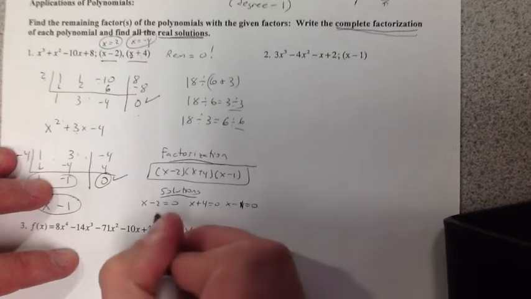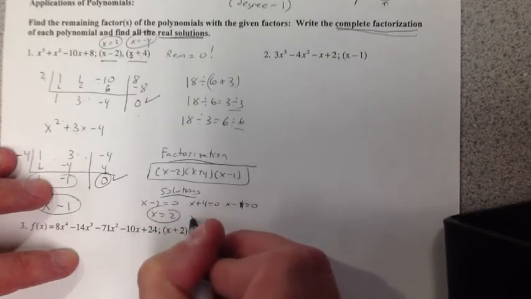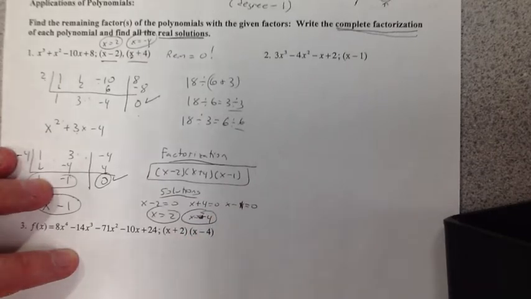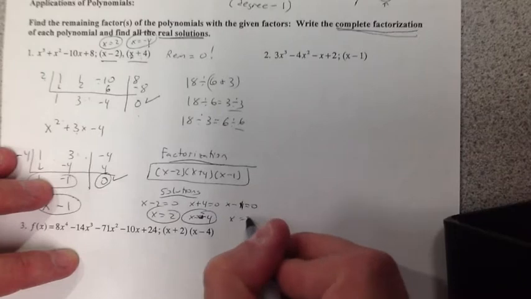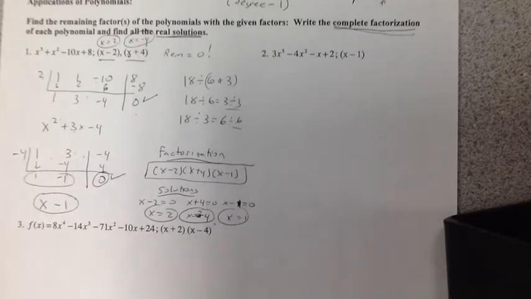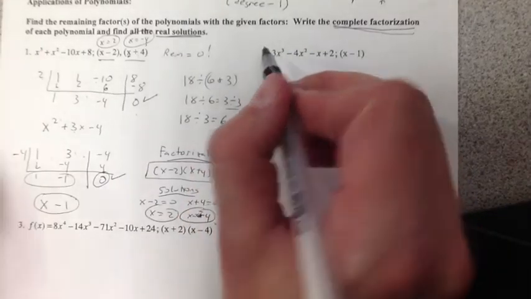So we get 2, negative 4, and 1. Factors, solutions. All right, let's try number 2 here.